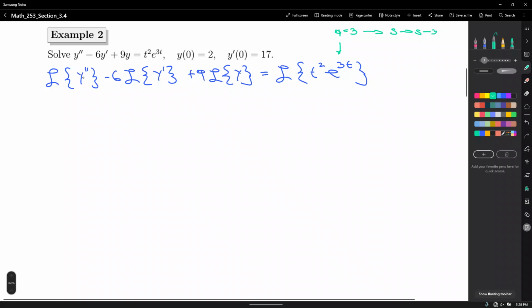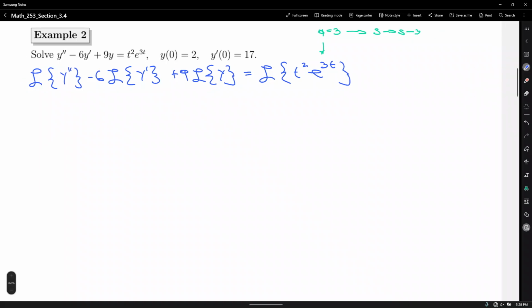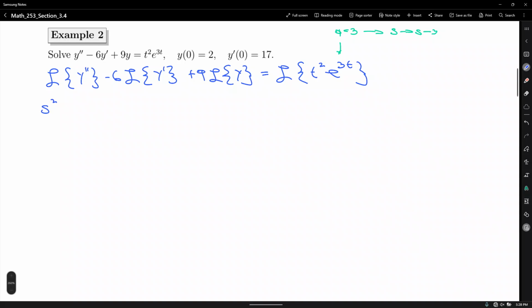Okay. So the transform of the second derivative, what was that? s squared Y of s. These y's are functions of t, or functions of x if you will, and whatever we get are functions of s. Minus s y of 0 minus y prime of 0. So that's the transform of the second derivative, minus 6 times the transform of the first derivative.